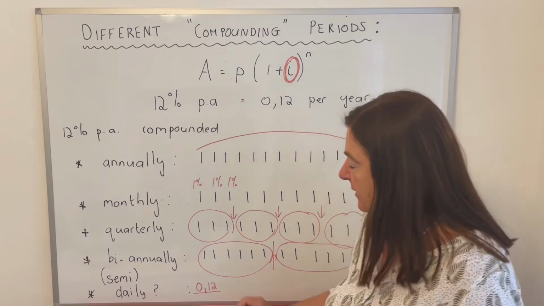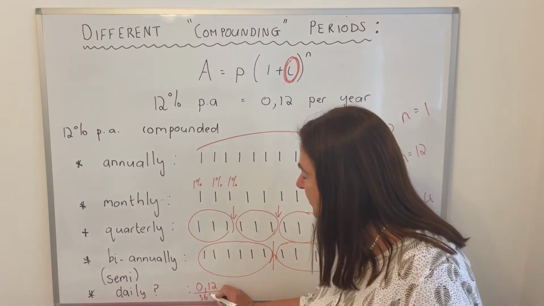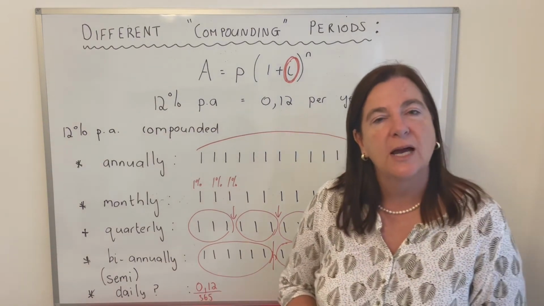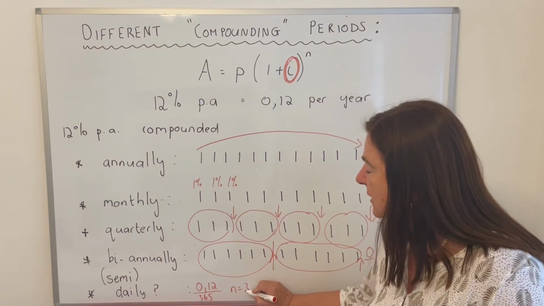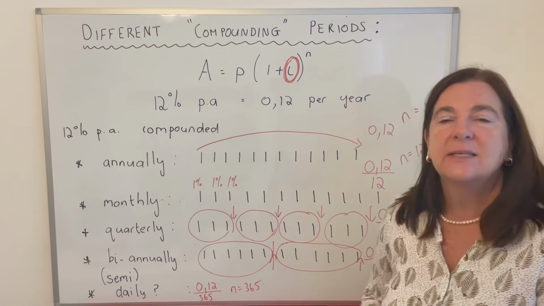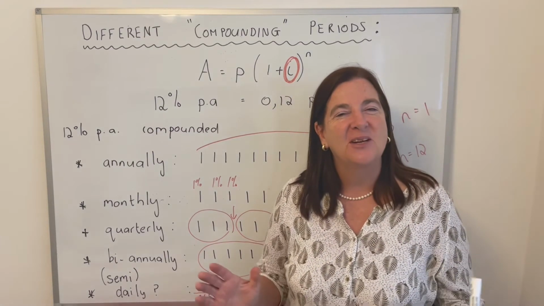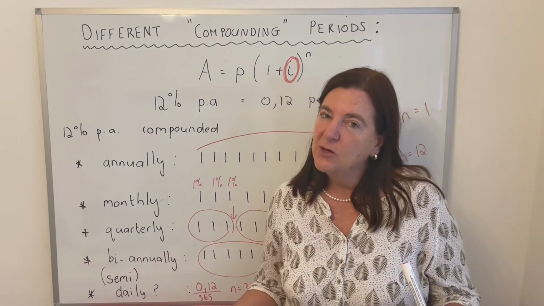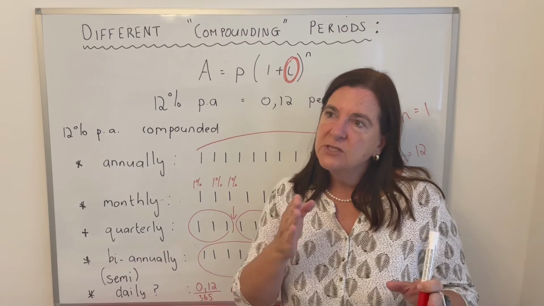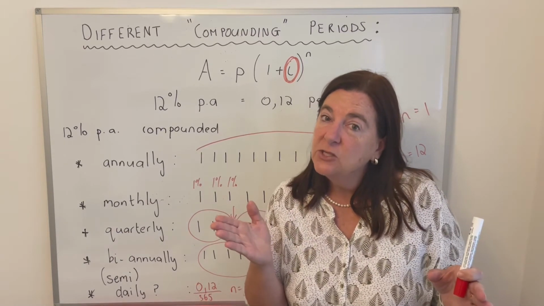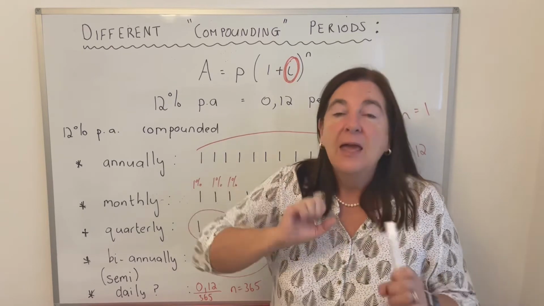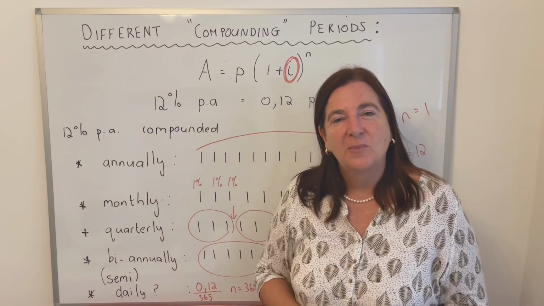If it's not a leap year, 365. That would be my interest charge per time period. And what would n become? I would charge it 365 times because I'm charging it on a daily basis. And that in a way is the most accurate, isn't it? Because if you want to draw your money on any particular day, the interest would need to be charged up until that day. Anyway, let's move on to a practical example now.